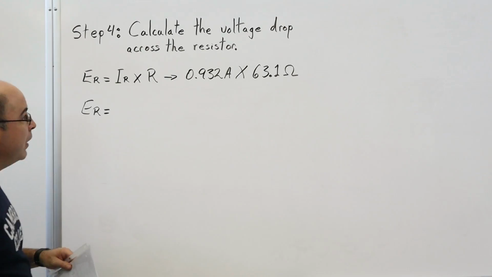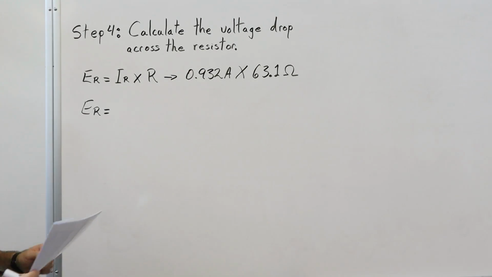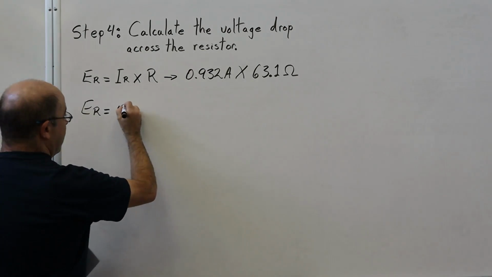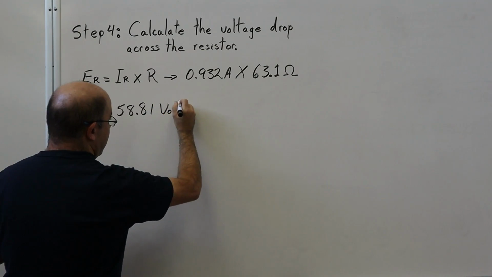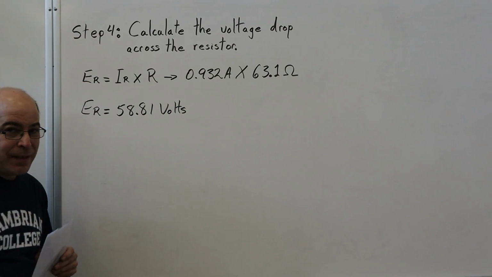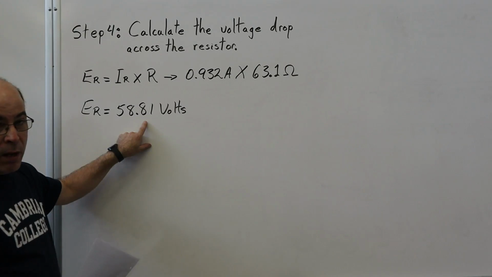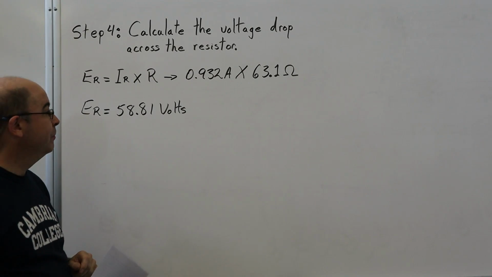Punching this into a calculator, you should be getting, as a result, 58.81 volts AC. Again, rounded to 2 decimal places.